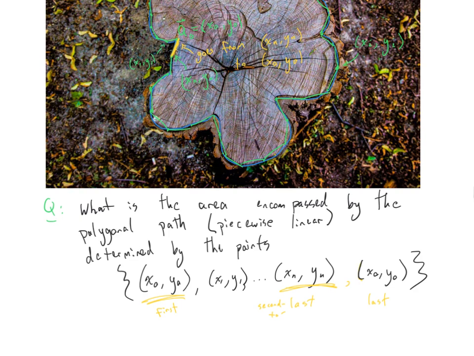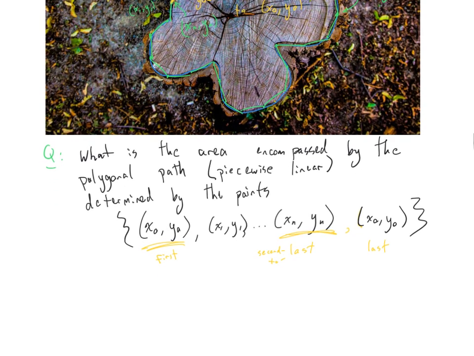So you could say at time 0, I'm over here at this first point, and then this is time 1, I'm at this point, and then I'm at time n here, and this is time n plus 1, and so in n plus 1 seconds I traverse this green path going around it.